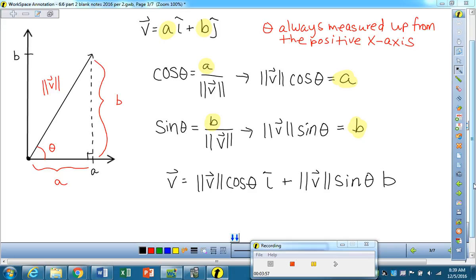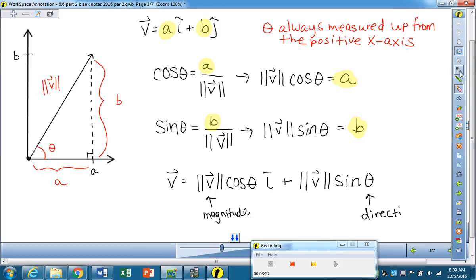So this is how we write our vector in terms of its magnitude and its direction. Up in front, we have our magnitude, and the direction is defined by the angle. Oh yeah, thanks. Not b, should be j.